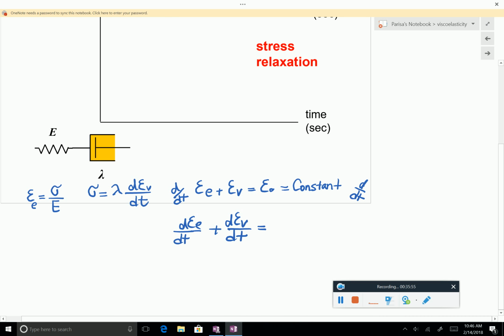I cannot sum things up very simply, since sigma is not constant. So, okay, what do we do? I know that epsilon, because they are in series, is the summation of both. How to get to this? I take derivatives of both sides. So this is d epsilon E over dt plus d epsilon V over dt. How much will this be? If something is constant, how much is its derivative? Zero.